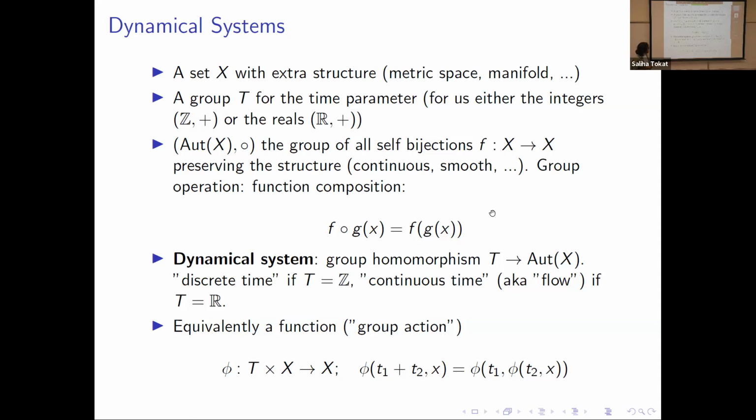A dynamical system is just a group homomorphism, equivalent to a function phi: T times X to X. If this group is the integers, the dynamical system is called a discrete dynamical system, but if T is R, the real numbers, it is called a continuous dynamical system or just a flow. And there is a relation for the flow: phi_{t1+t2}(x) equals phi_{t1}(phi_{t2}(x)).